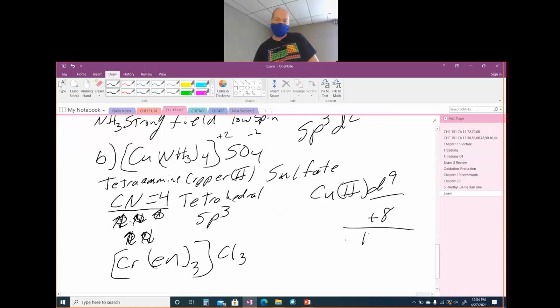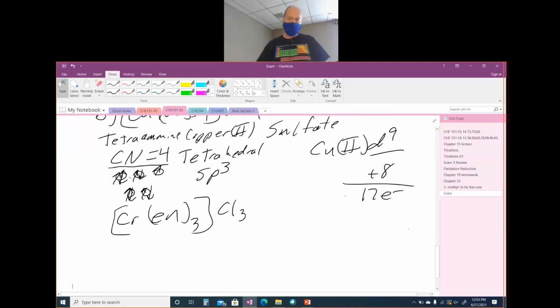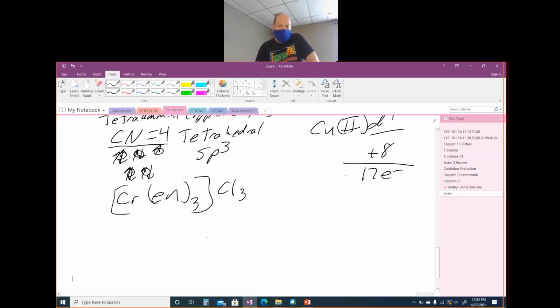This is a 17 electron complex. Again, we would not predict that to be stable. We only predict 16 and 18, but that is a stable compound. All right, so we have Cl3, so that's our chloride. So this is going to be 3 minus 1, so this has to be a +3.